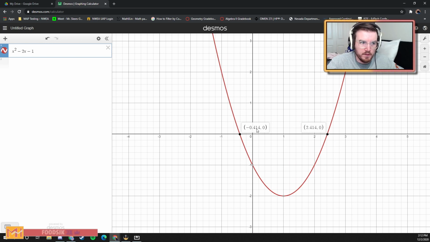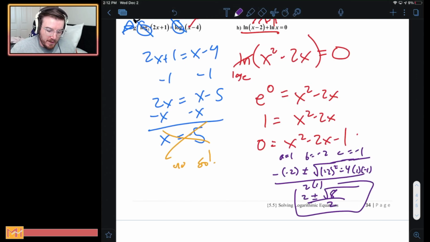This is negative 0.414. So that's negative, right? Let's call it -1/2. Well, if I plug in -1/2 into this guy or this guy, I'm going to have a negative. So only the positive half. Negative is extraneous.